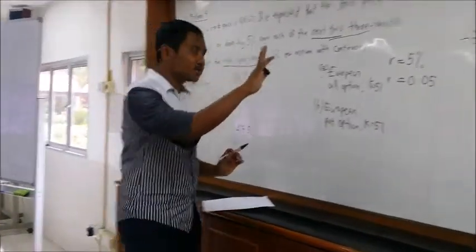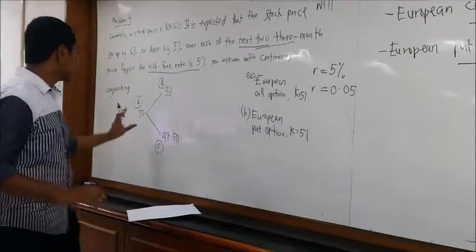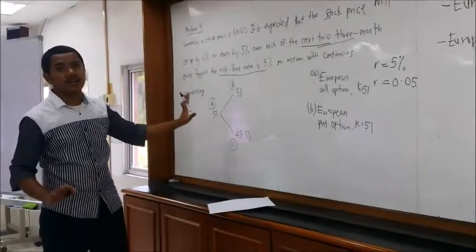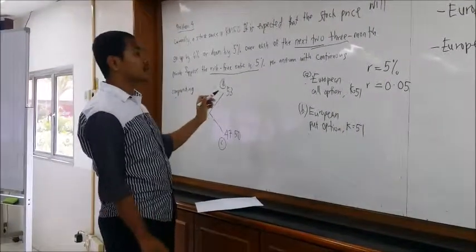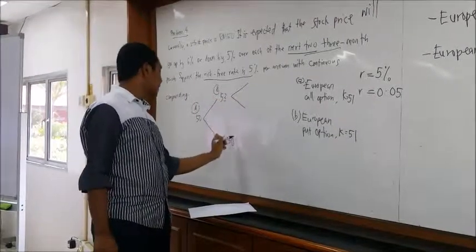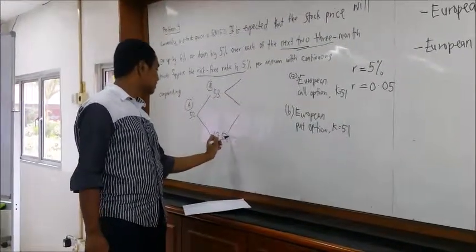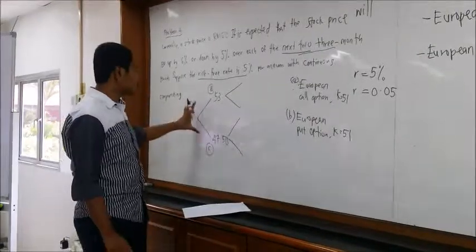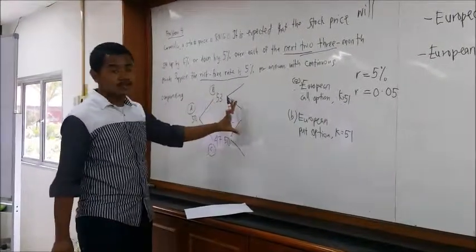Because this is a two-step binomial model, and what we had was just the one-step binomial model, we need to expand the diagram into 2 parts, which is this and this.